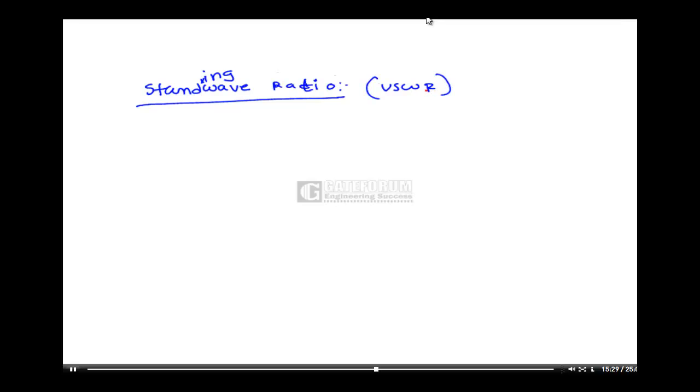Now we will discuss another interesting topic, that is the standing wave ratio, also called VSWR or voltage standing wave ratio.